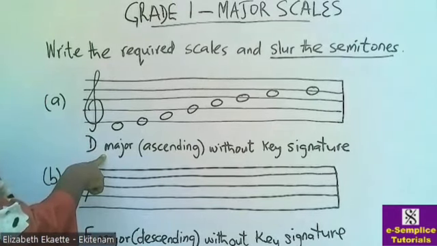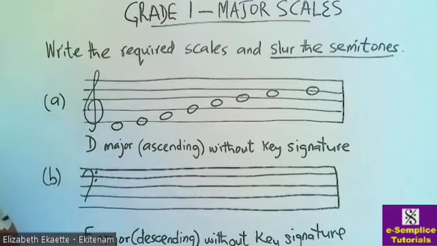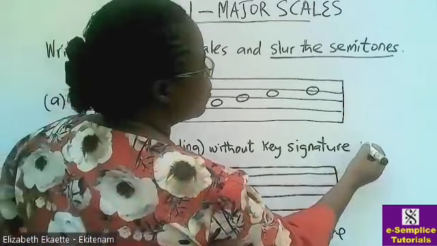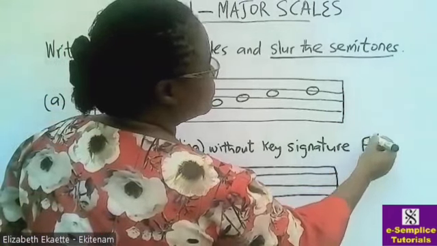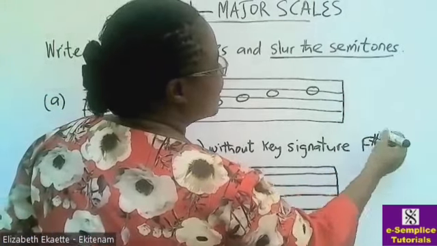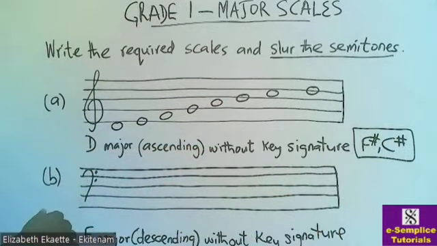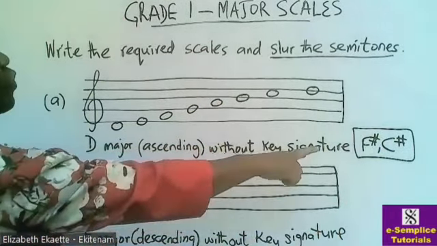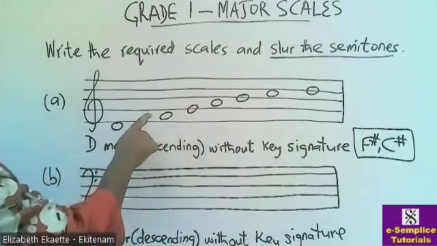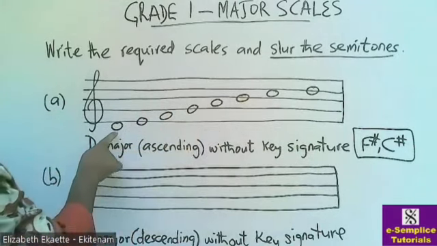Now this is ascending. The next question you ask yourself is, what are the key signature accidentals in D major? If you have studied your key signatures well, you will agree that D major has F sharp and C sharp as its key signature. So knowing that, you now have to look for F in these letters and put a sharp to it.